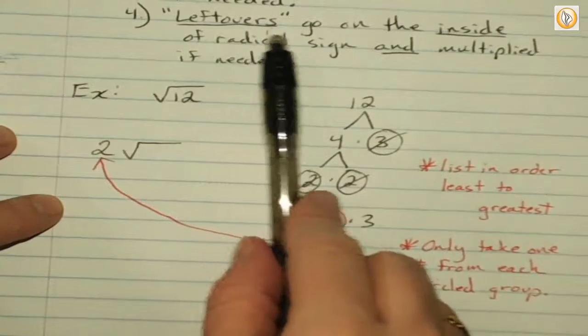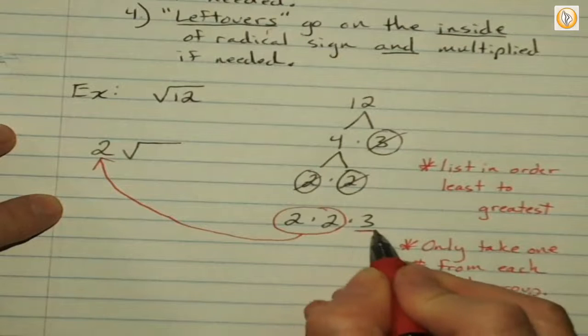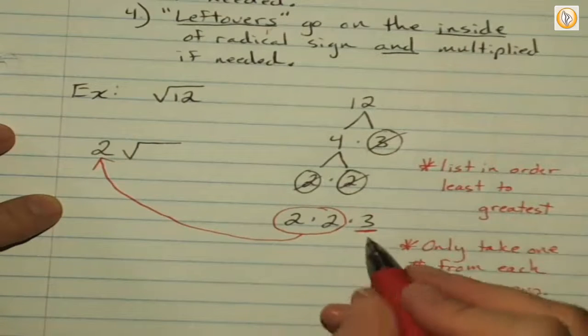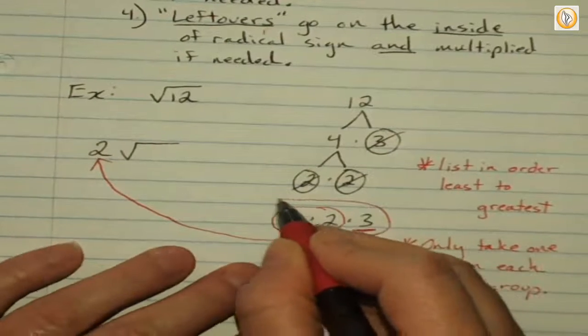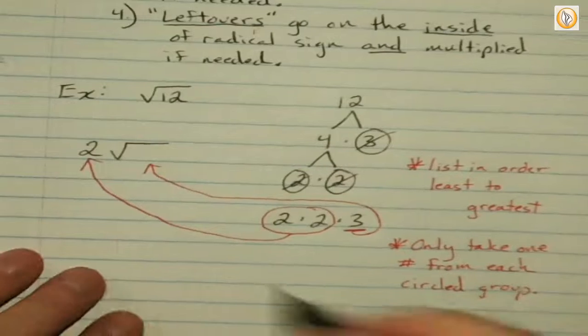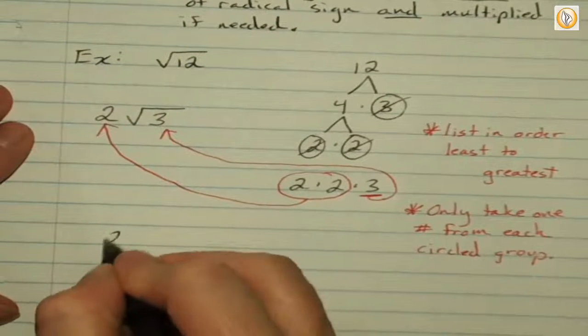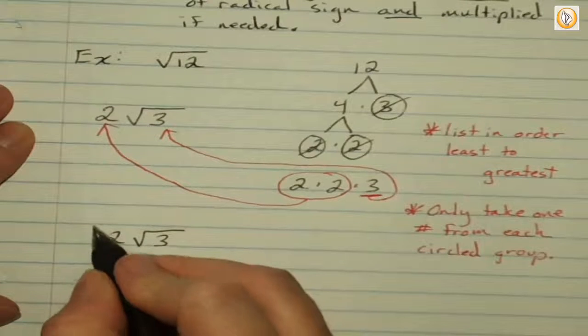Step 4 says leftover. So what's my leftover? 3. There you go. 3 is my leftover. It goes on the inside. And there's my answer: 2 times the square root of 3.